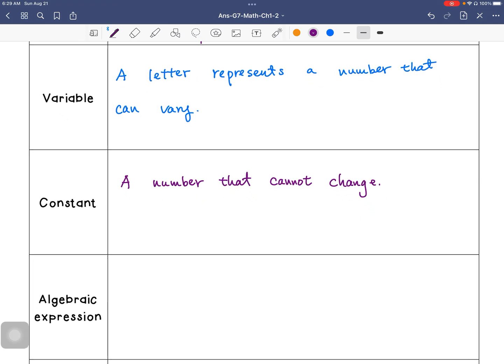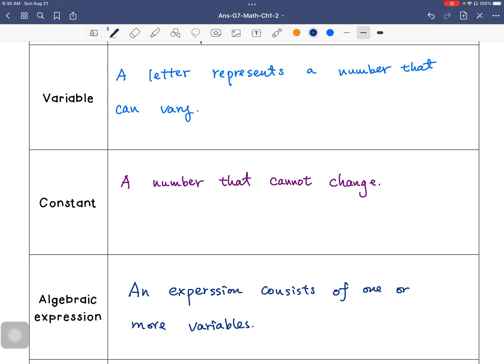An algebraic expression is a mathematical expression without any equal sign. An algebraic expression is an expression that consists of one or more variables.